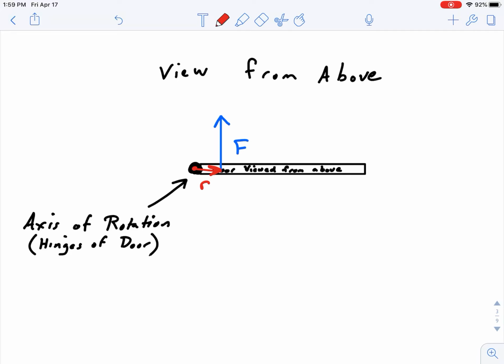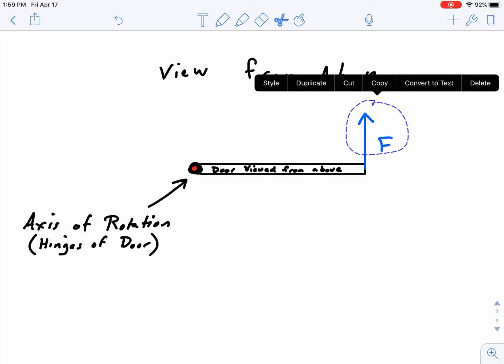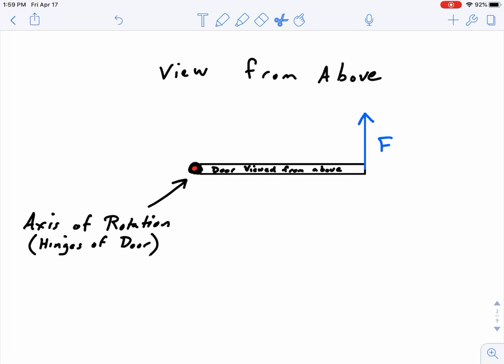Now, in the second situation, I came over to the other end of the door and I applied my force here.